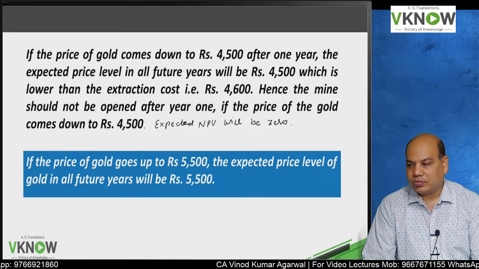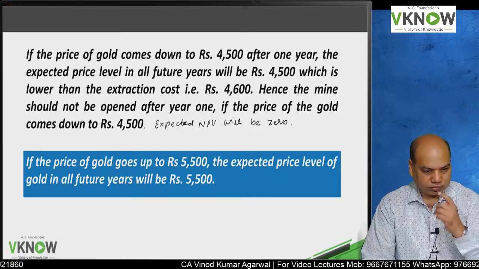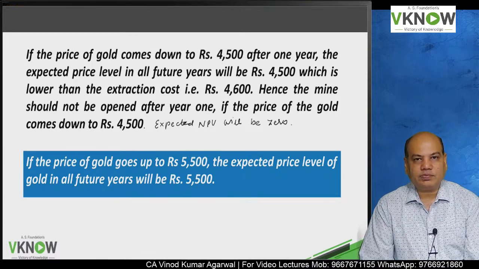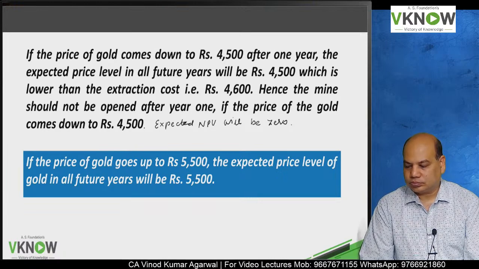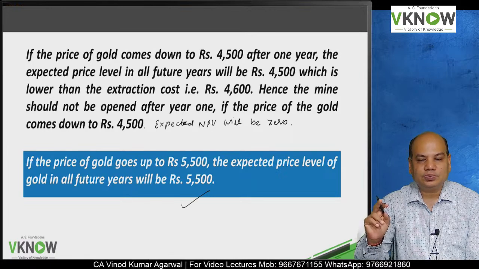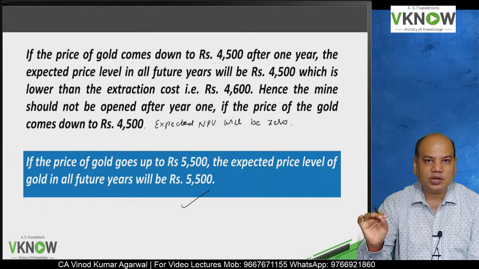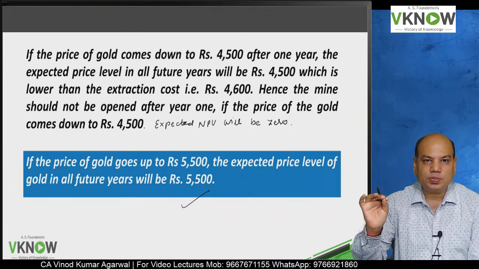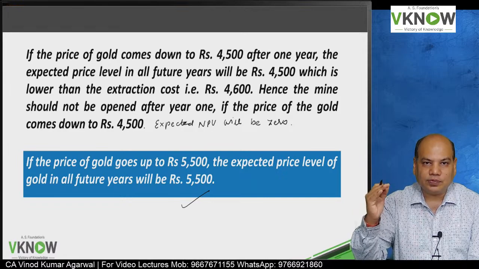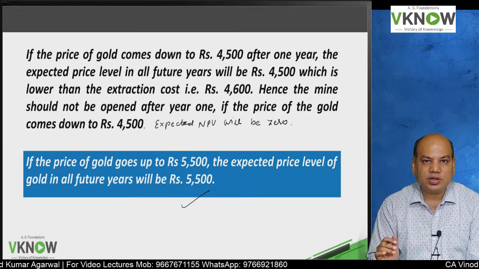Is it right? So I don't need to calculate. We have understood, if you start from 5,500 and the probability is 0.5 and 0.5, rise and fall is by an equal amount, 500 and 500, your expected value will be 5,500 only.